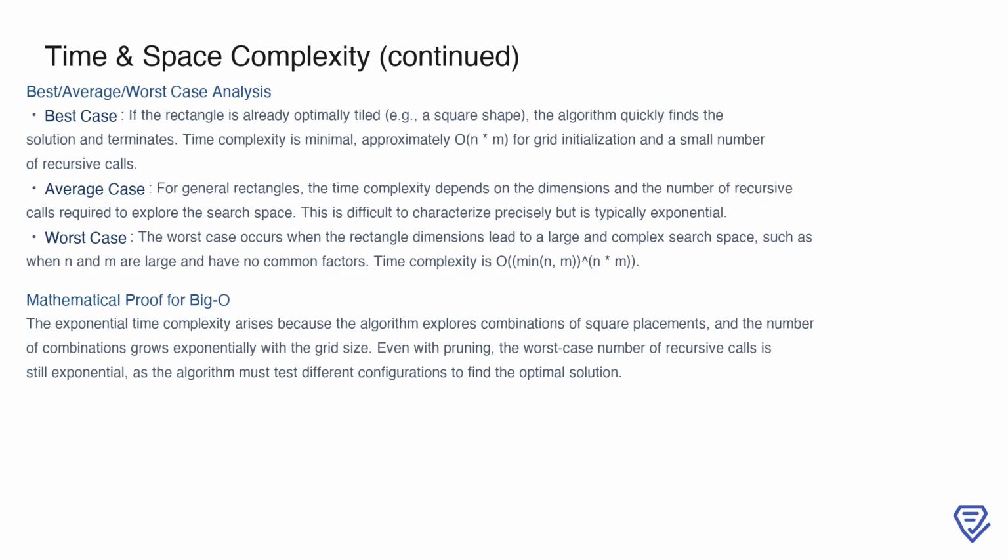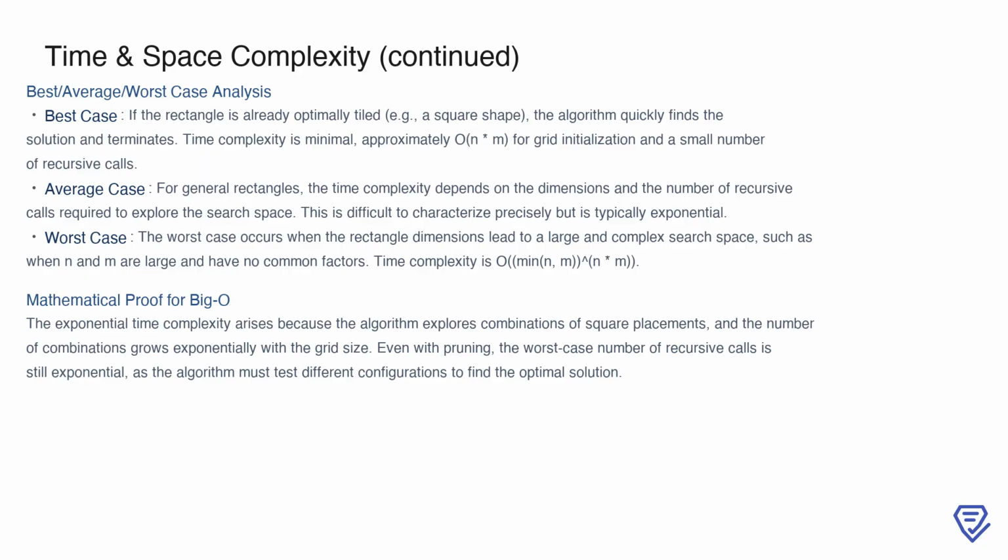The time complexity can vary significantly depending on the specific dimensions of the rectangle. In the best case, such as when the rectangle is already a perfect square, the algorithm quickly determines the solution and terminates. Here, the time complexity is minimal, roughly O(n*m), accounting for grid initialization and a few recursive calls. In the average case, where the rectangle has arbitrary dimensions, the number of recursive calls and the resulting time complexity depend on the complexity of the search space, which is typically exponential.